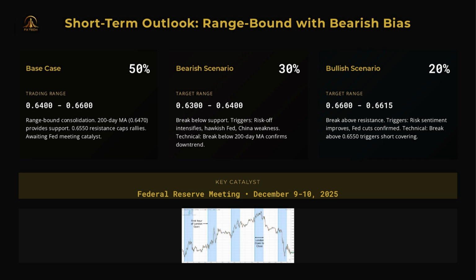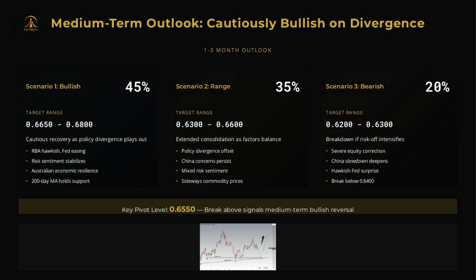The key catalyst is the Federal Reserve meeting December 9th to 10th, which could provide the directional impulse this range-bound market desperately needs. Looking 1 to 3 months ahead, we favor a cautiously bullish outlook, with 45% probability for recovery to 0.6650 to 0.6800.